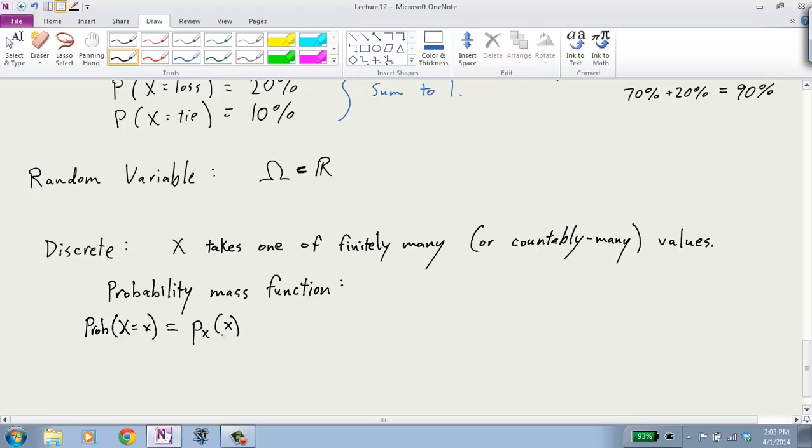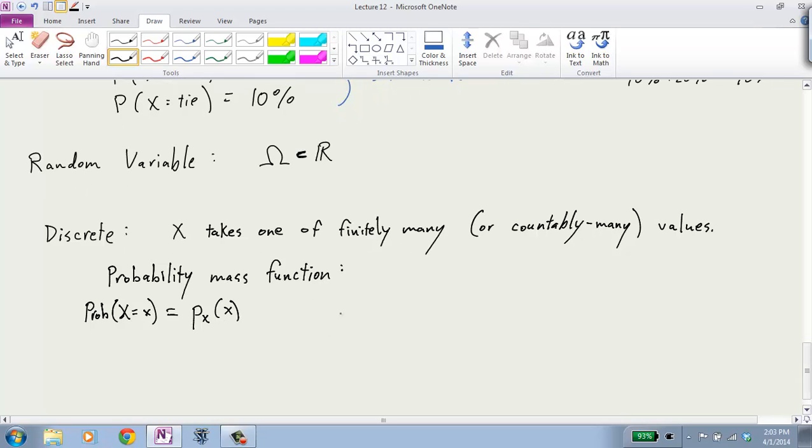Okay, so as an example, if you're given a probability mass function, now here's x on the axis.